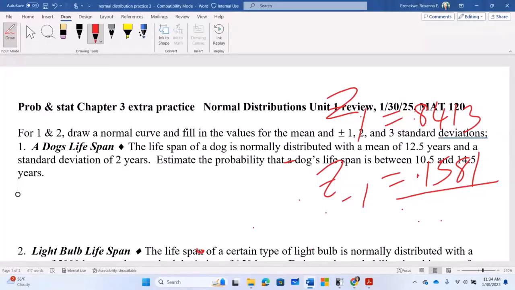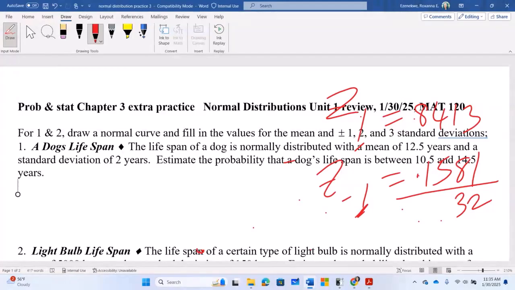I'm looking for area between plus or minus 1 standard deviation. So that's why I found the Z of 1, I found the Z of negative 1, and I'll subtract because I'm looking for area between. All right. So 3 minus 1 is 2 right here. Borrow 1, 11 minus 8 is 3. Then I have 3 remaining here.